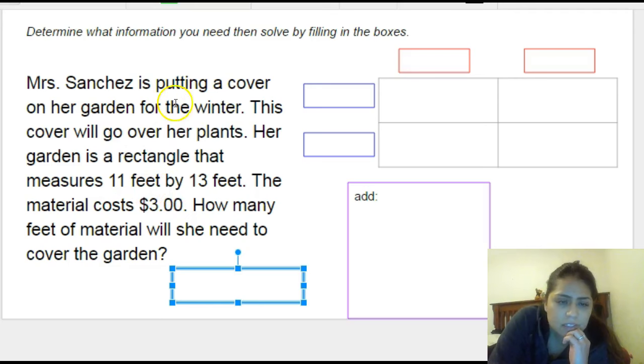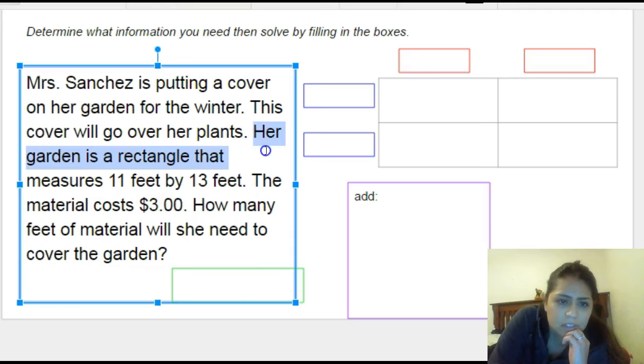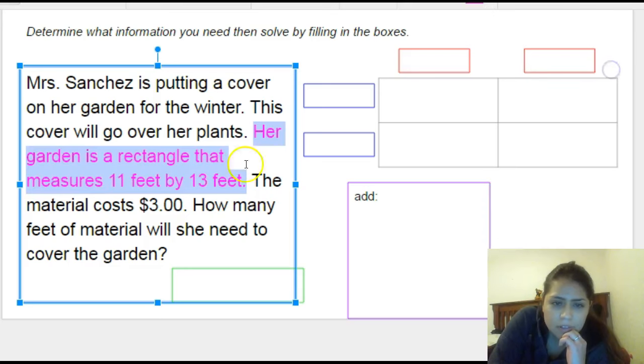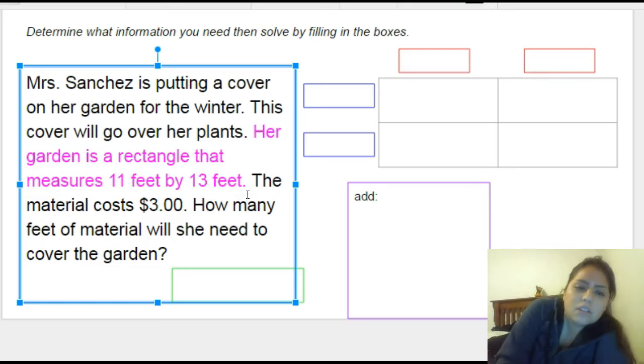It says right here, let me highlight this: her garden is a rectangle that measures 11 feet by 13 feet. I'm going to make that nice and bright for you because I want you to see her garden is 11 feet by 13 feet.